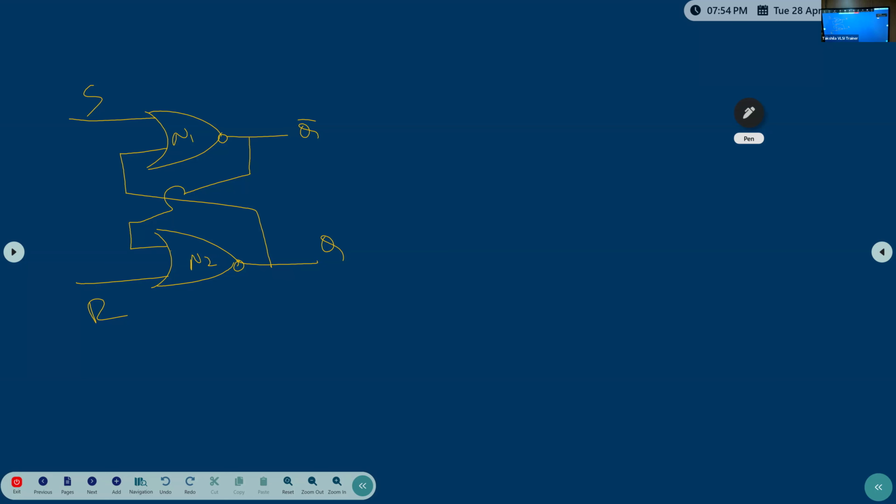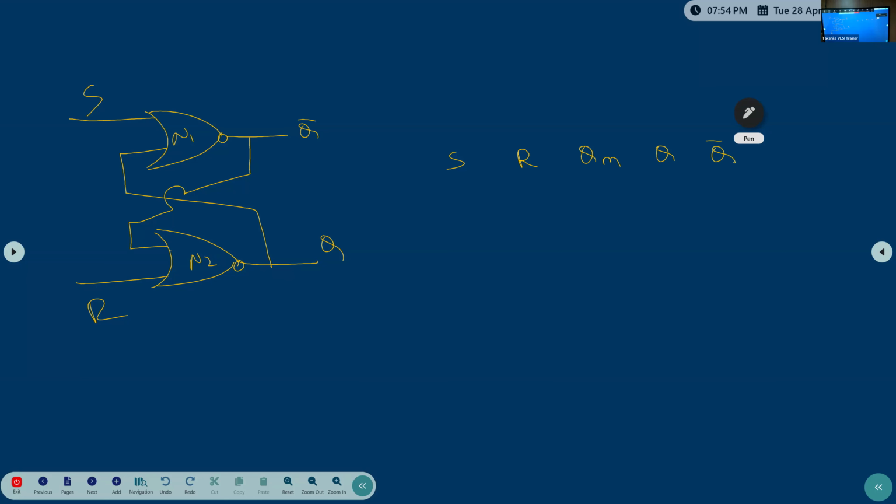Clear? So now go to the truth table. We'll see the truth table of this SR latch. SR. So I already told, it will have 3 inputs. If you observe, this is Q, memory is going back. Getting, this is also one input. So S, R, Q memory, Q bar.